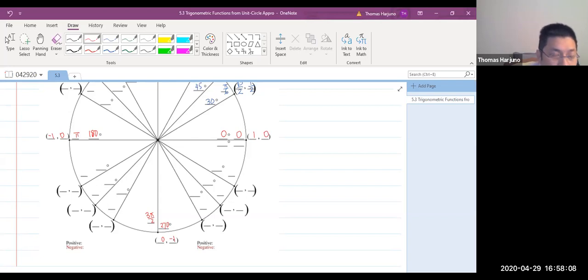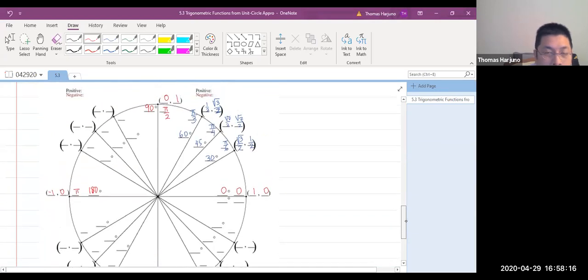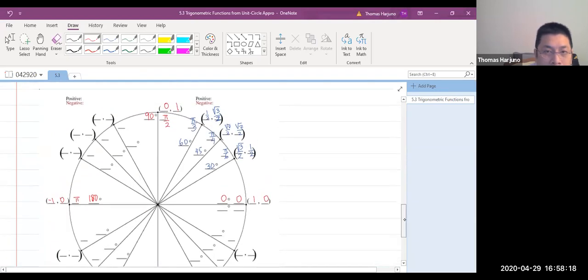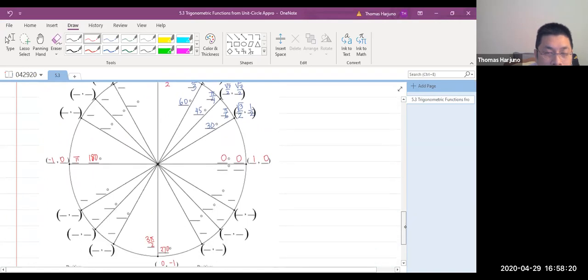I will post it on the discussion board, and I will also give you the blank worksheet for this unit circle. And 360 degrees is coterminal with 0 degrees, and the radian measure is 2 pi.